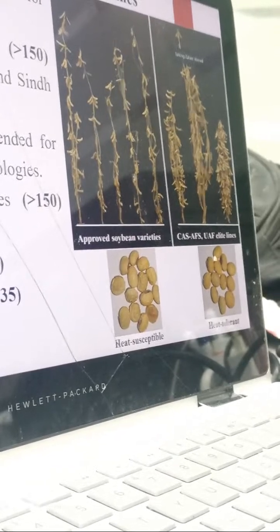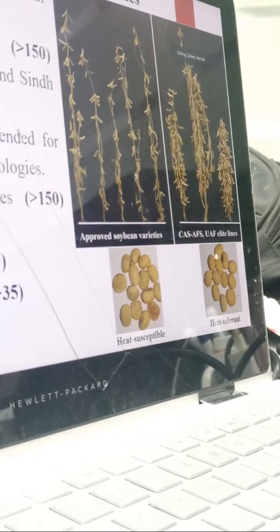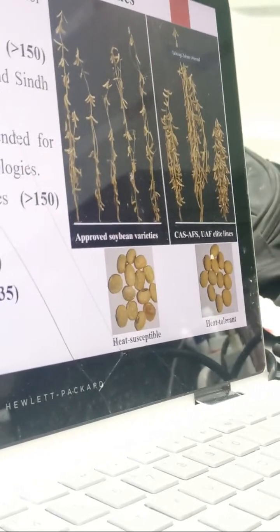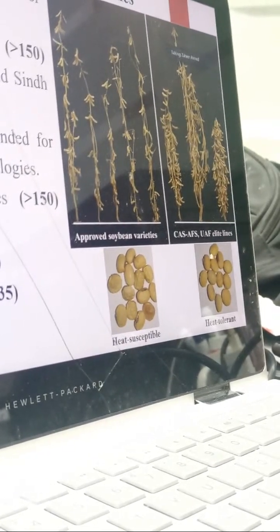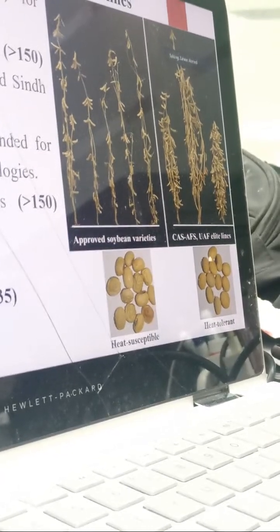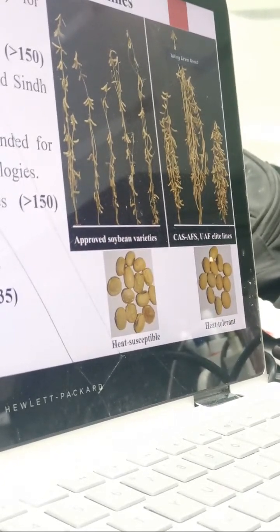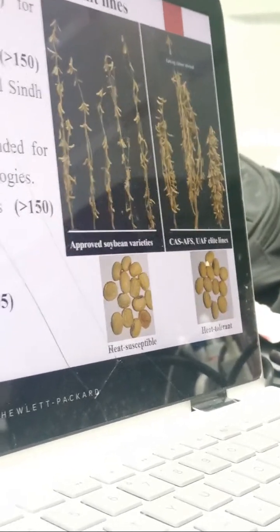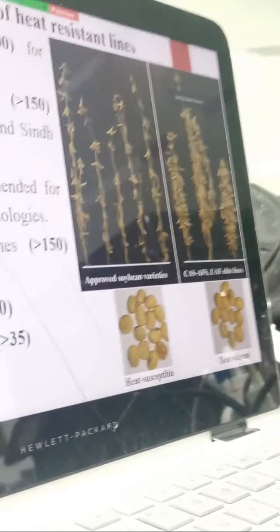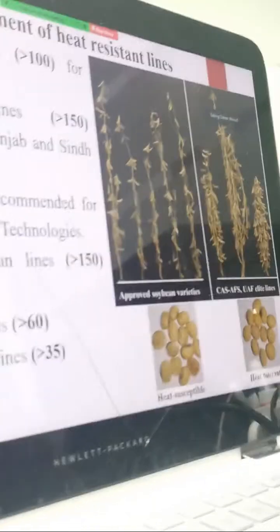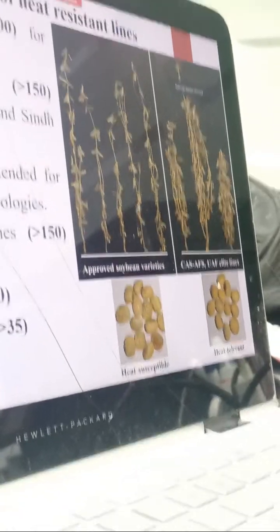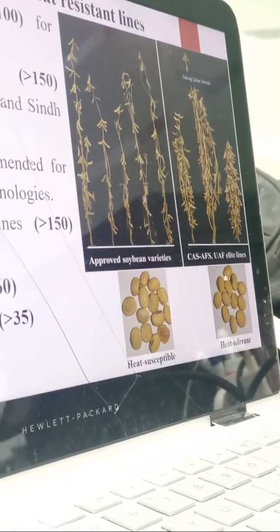On the right hand side, the grain filling is proper, and this seed is viable, with viability of almost 80 to 90%. This was another big achievement, because previously whatever line we were sowing in spring season was not producing viable seed. So production of viable seed was a major milestone which we achieved in spring season.